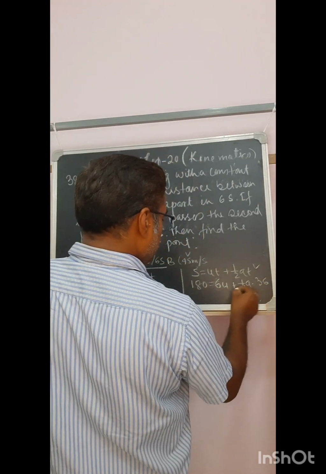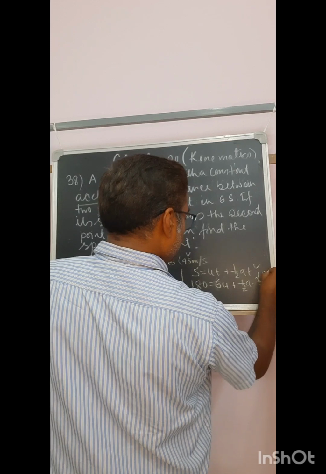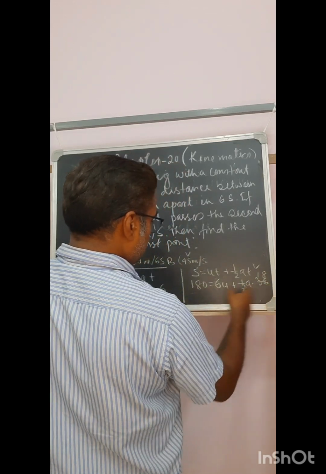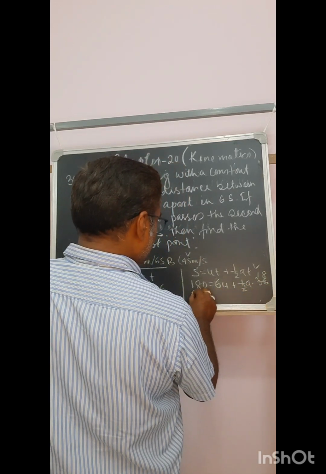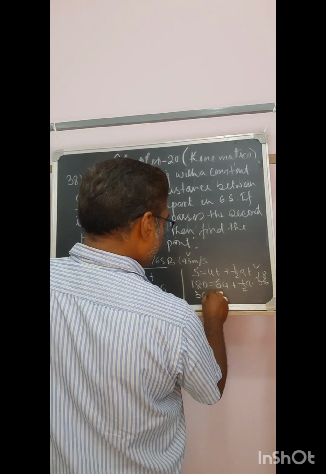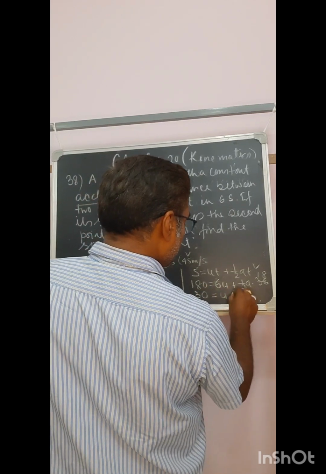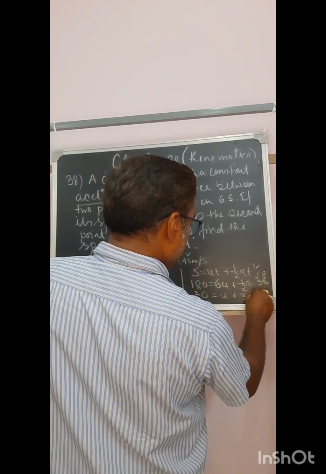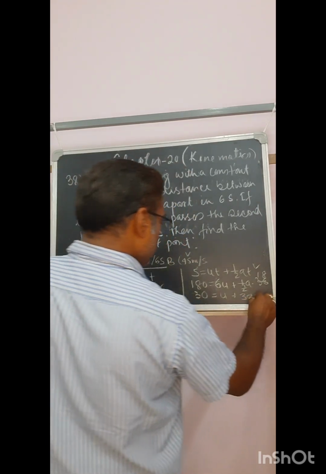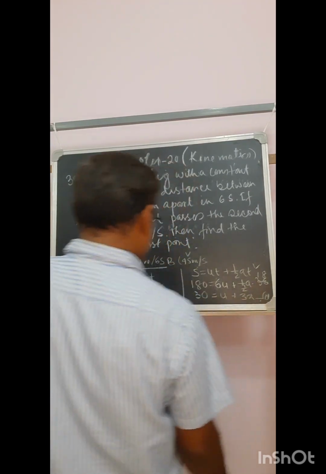If I cancel it, it will be 18. If I divide all the terms by 6, it will become 30 equal to u plus 3a. So it will be very easy to calculate with this as the second equation.